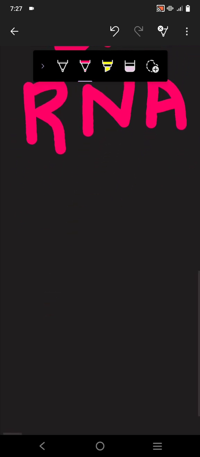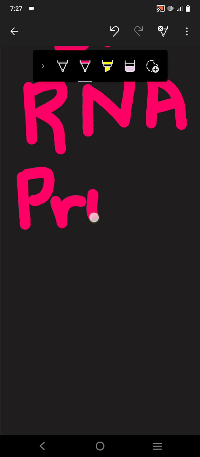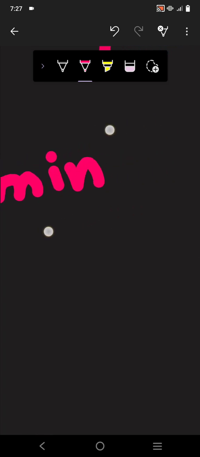And last but not the least, it is very important for our protein, for protein synthesis. As we all know, protein is made up of amino acids. Protein is a polymer of amino acids, and an amino acid is a monomer.